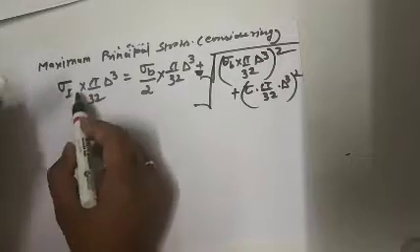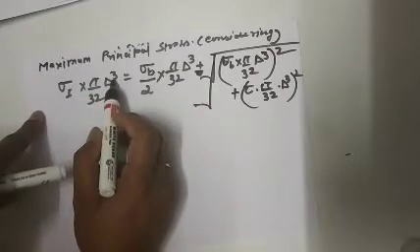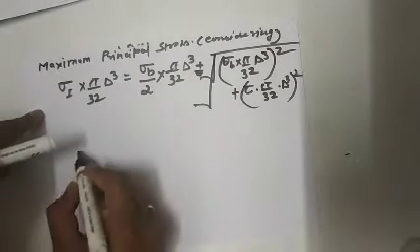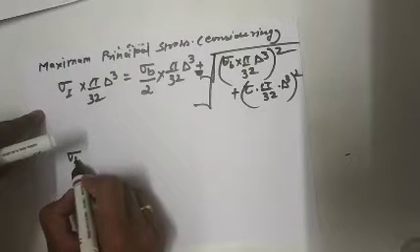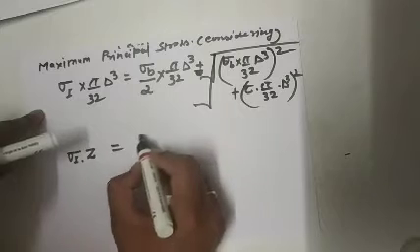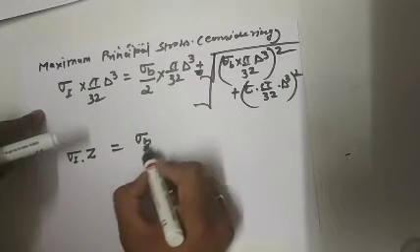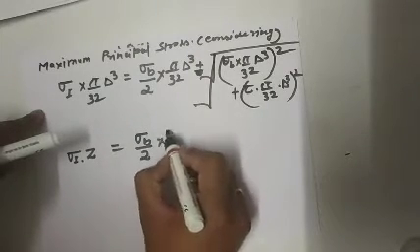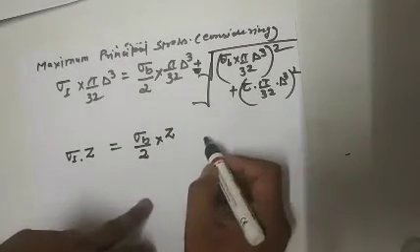Now we know that pi by 32 d cube is equal to Z, so it can be written as sigma first into Z, for section modulus, and sigma b by 2 into Z, right?